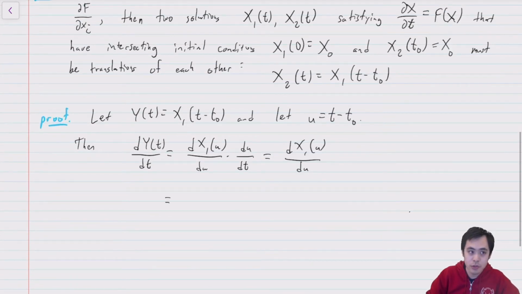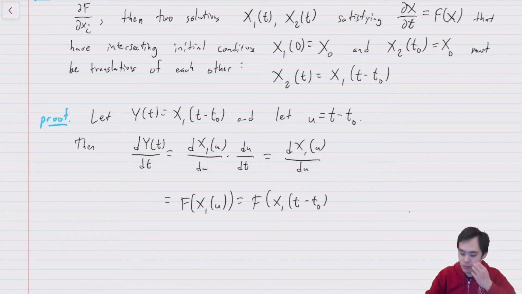When you do the substitution, this is precisely f of x1 of u, which is equal to f of x1 of t minus t naught, which is equal to f of y of t.